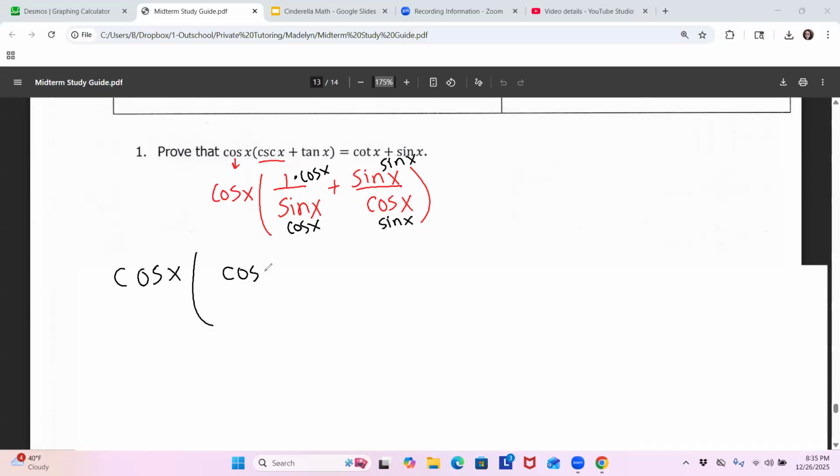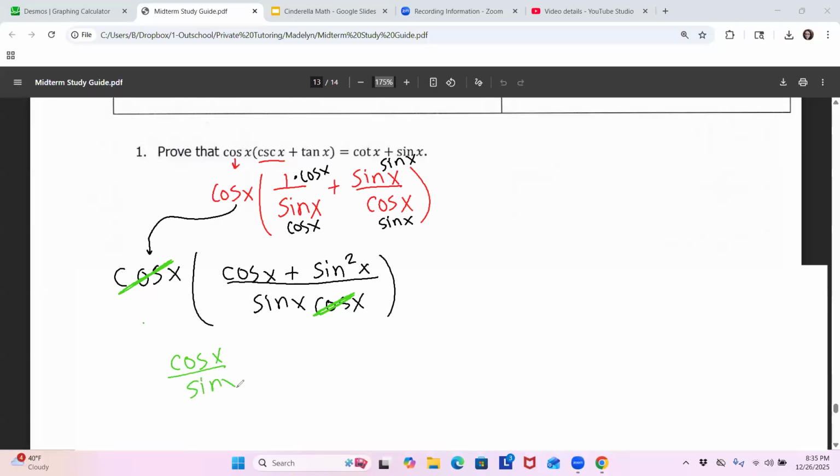So we'd have cos x plus sine square x all over sine x cos x, and then just drop this cosine. And then look, we can cross cancel. This cosine can cross cancel this one. Okay, so we're left with cos x over sine x plus sine square over sine.